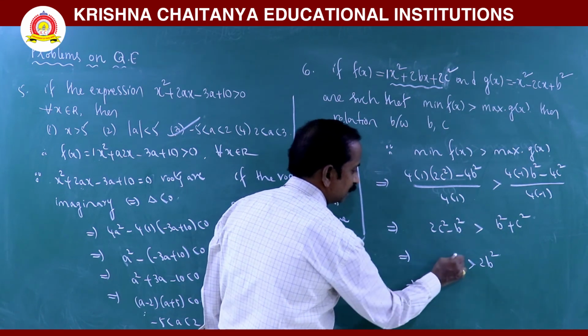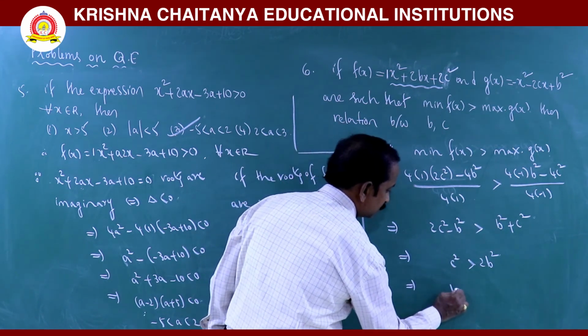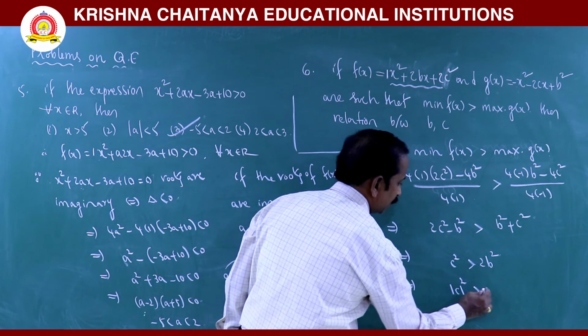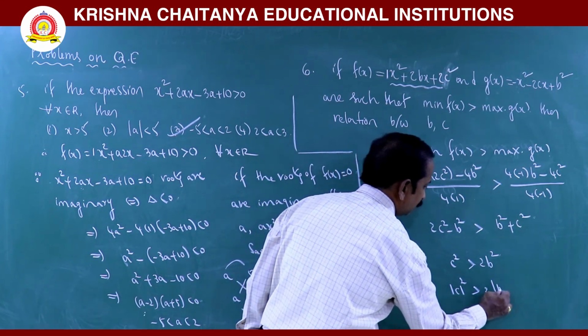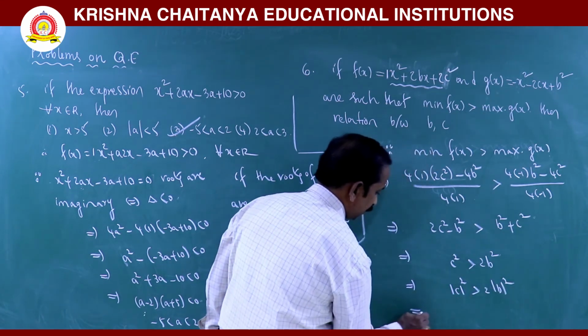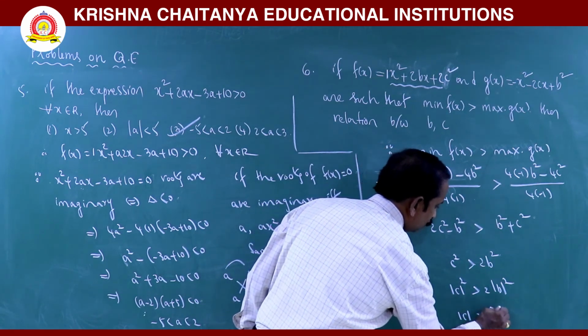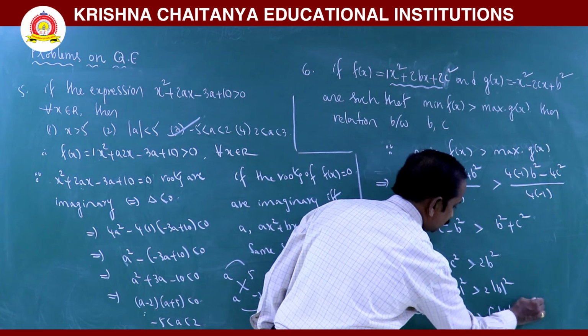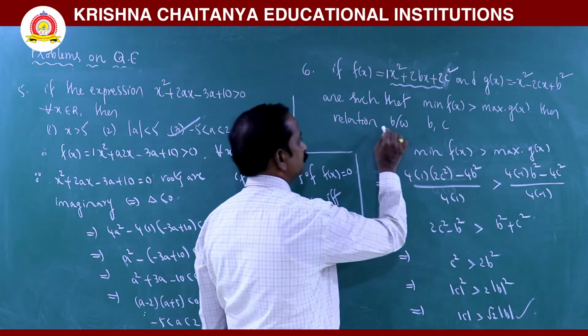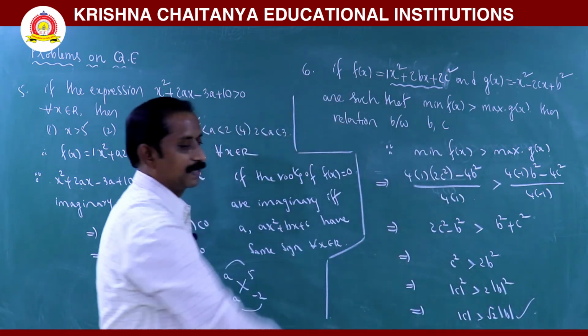So we know that c square can also be written as mod c whole square, greater than 2 times mod b whole square. So I can write from this, mod c greater than root 2 times mod b. This is the solution, the relation between b and c of the respective problem.